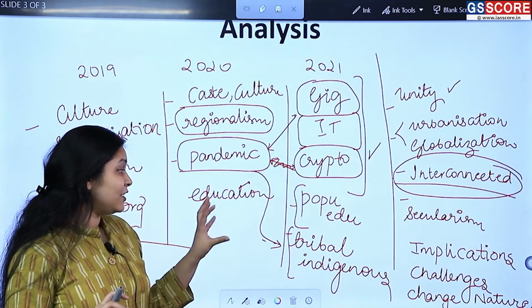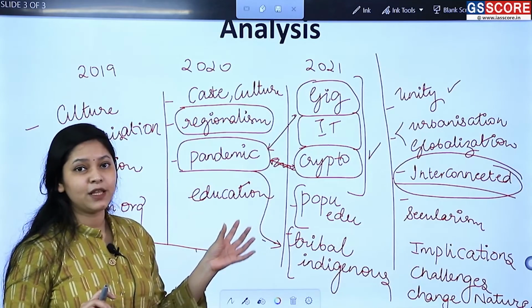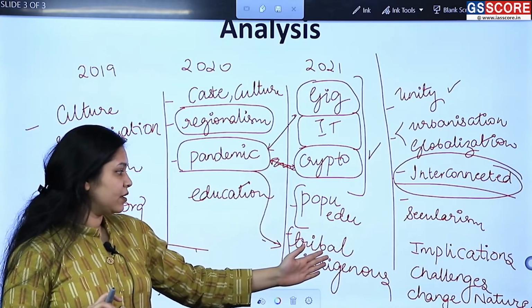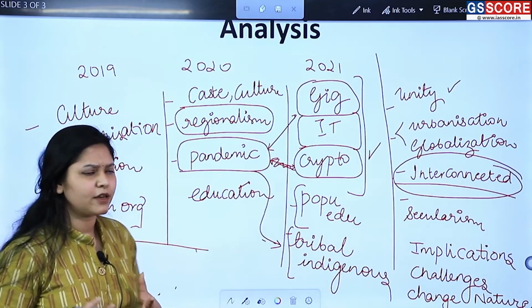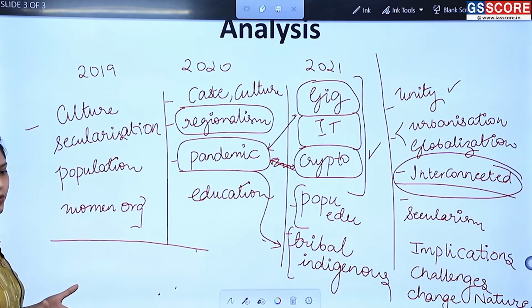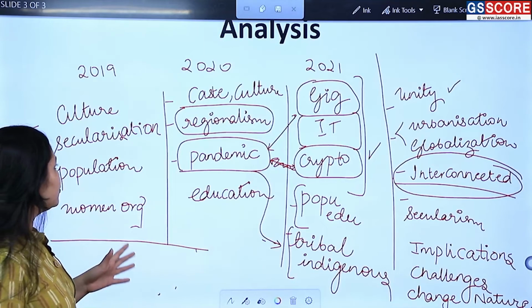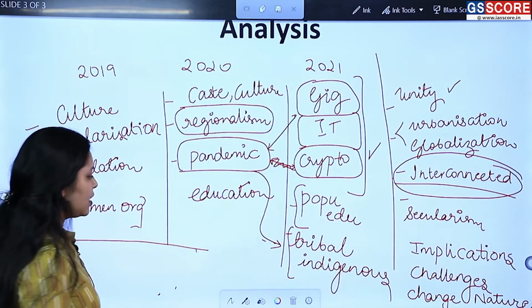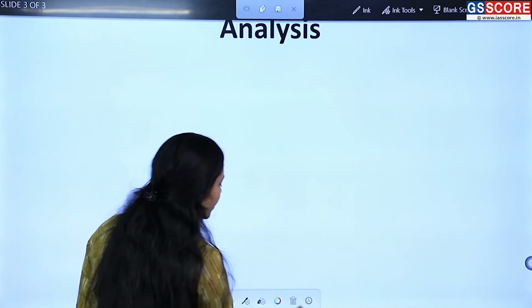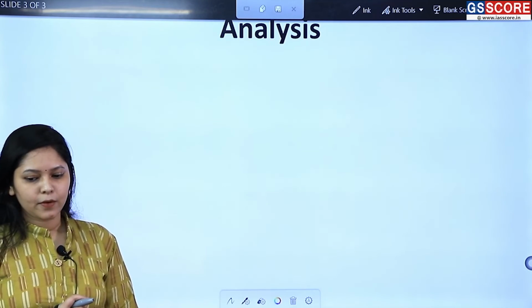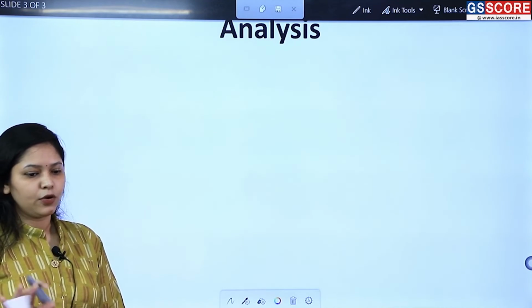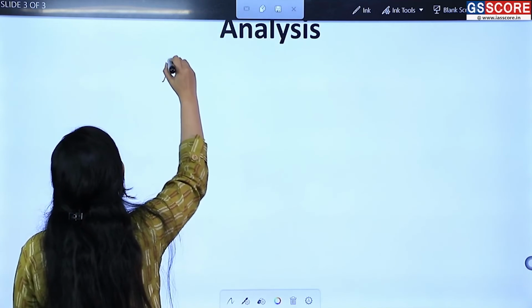So, this is an interesting interconnectedness between current happenings and social institutions as a static part of the syllabus. Look out for these interconnectedness, but over a period of time, you can develop it on your own as you go through the syllabus. So, now I will erase it briefly. Okay, and we can come into the answer writing part of it.